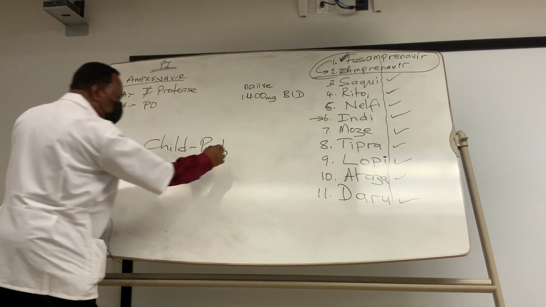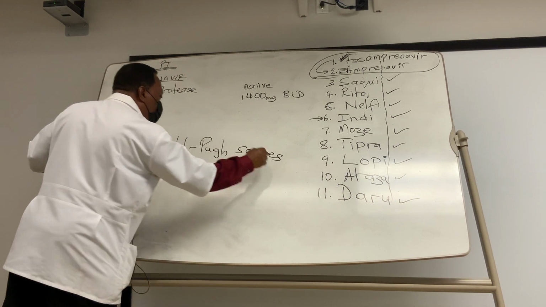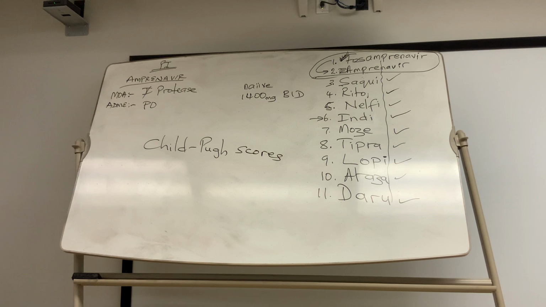You know about the Child-Pugh score. Okay. If the Child-Pugh score is between 5 and 8, you have to reduce the amount that you give by 60%. If it's between 9 and 12, you have to give only 1/4 of the normal dose, 25%.